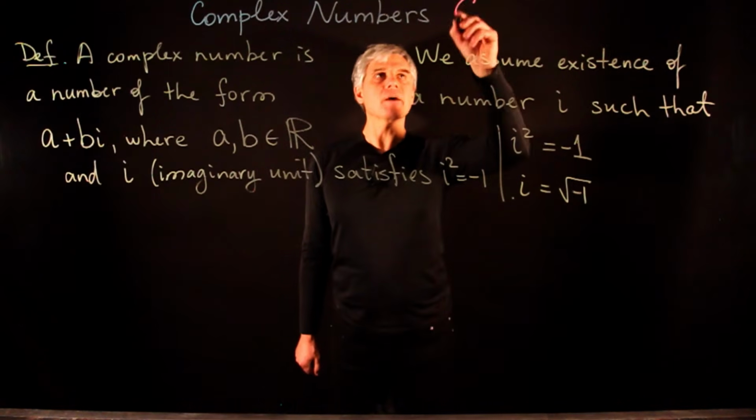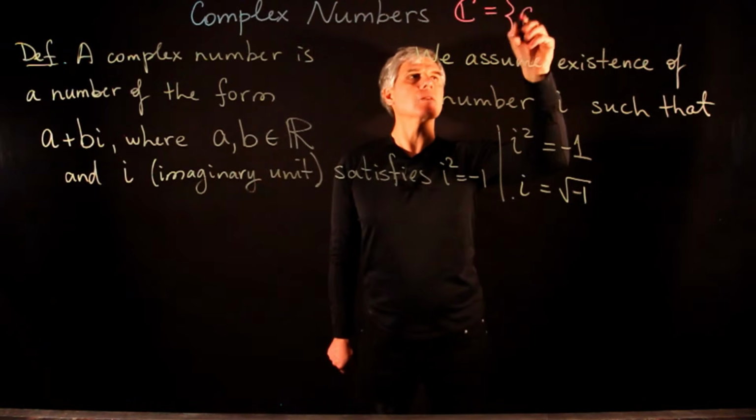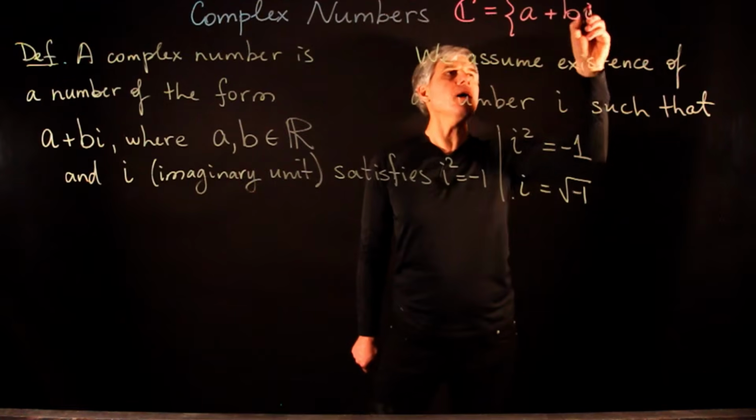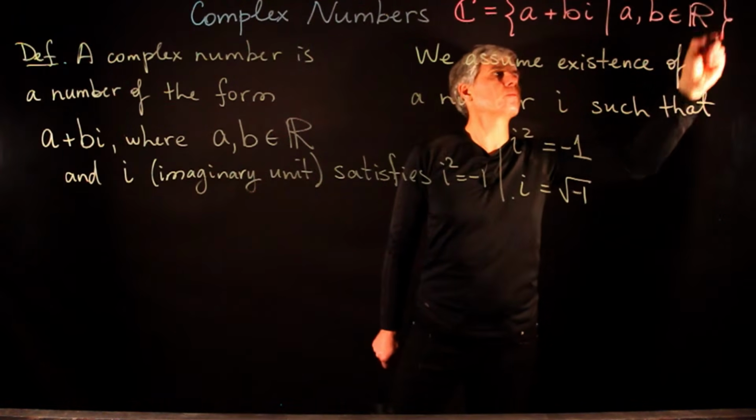The set of complex numbers is denoted by the letter C, and so this is the set of expressions a plus bi, where a and b run over real numbers.